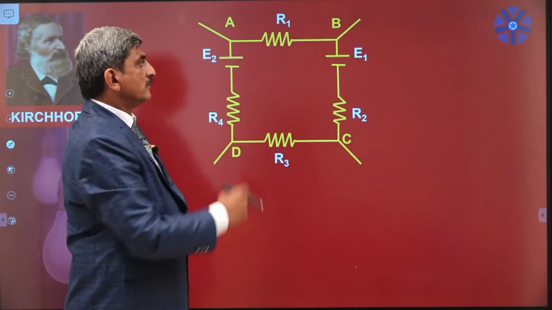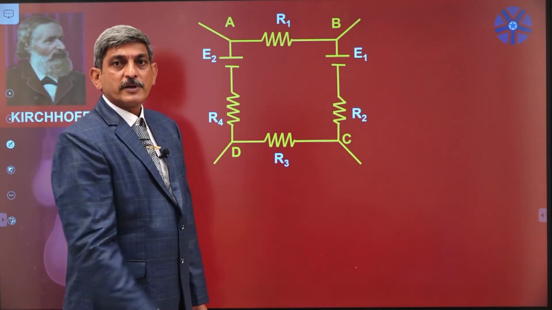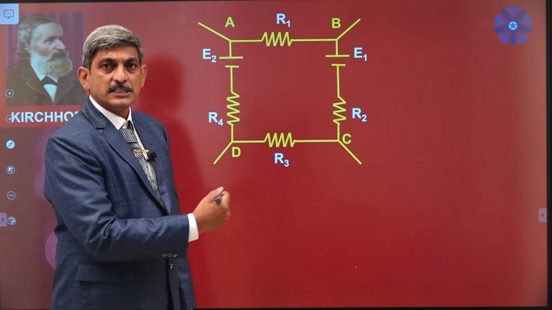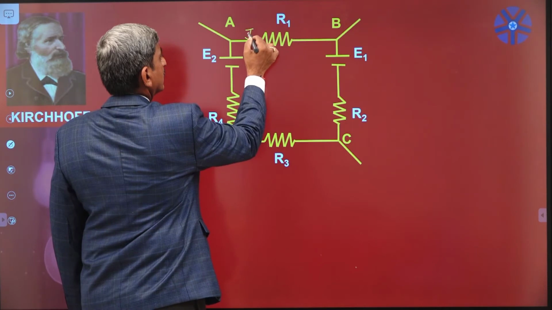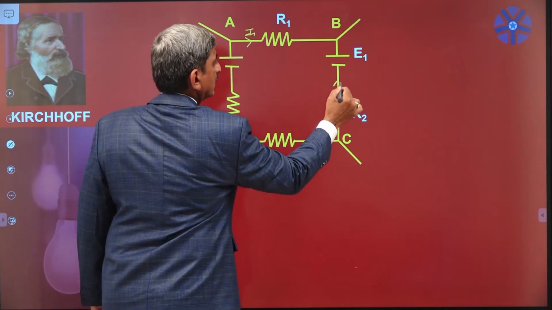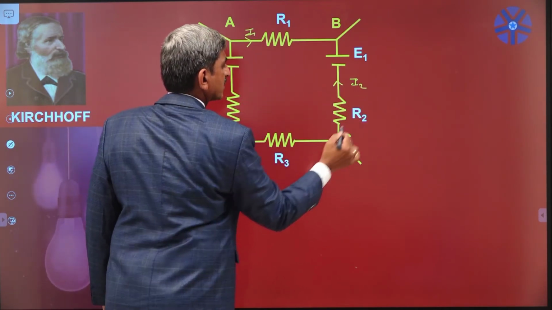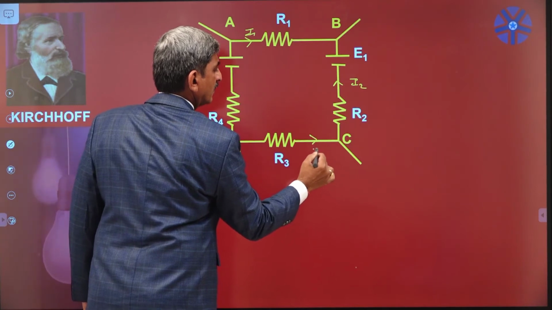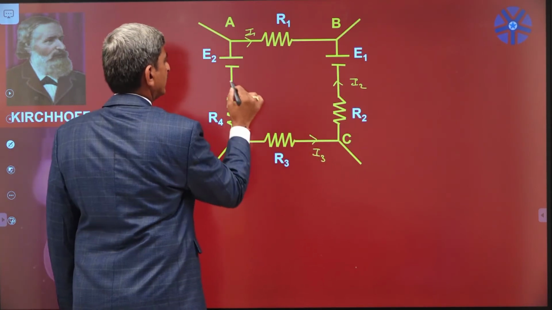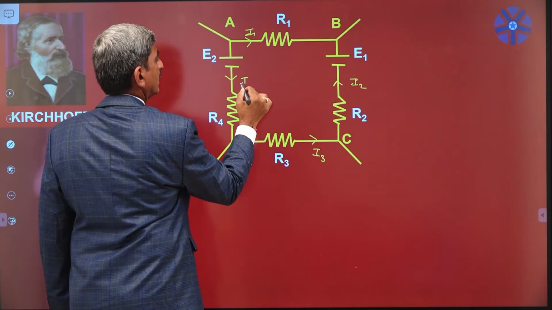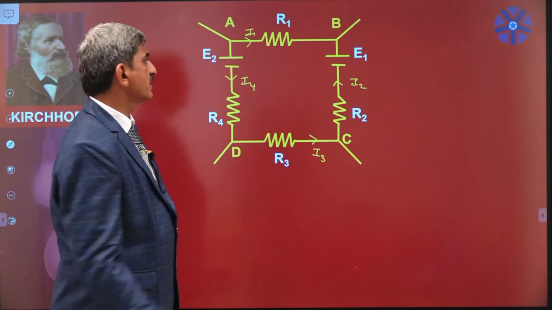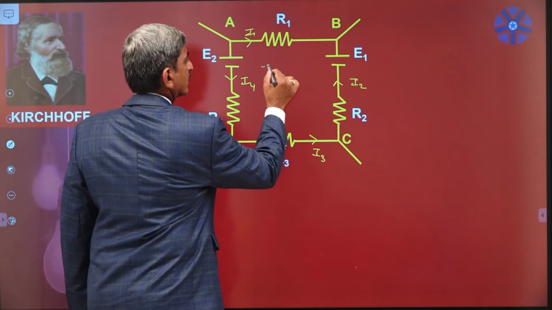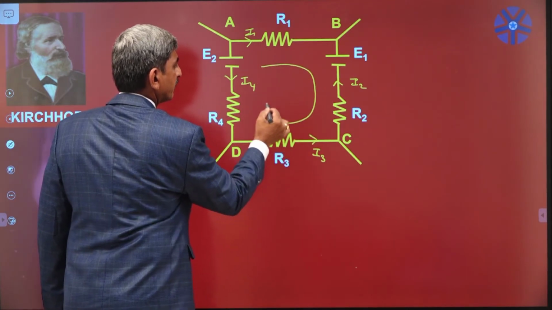Now, for this network, I am going to apply the Kirchhoff's voltage law. See the step-by-step procedure. See here, this current is I1. Current in this branch is I2, I3, I4. Four currents are assumed in the four branches, and the loop is taken in the clockwise direction like this.